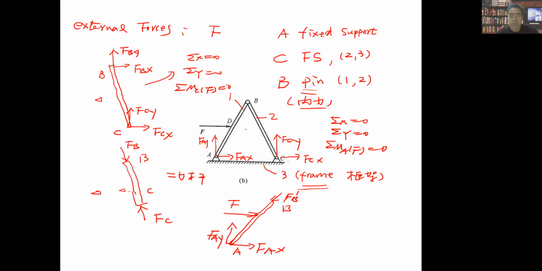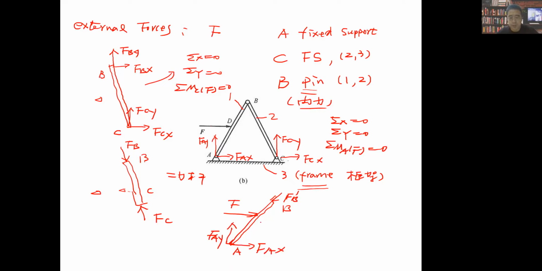It is constituted by several parts. So we can select the whole system as the object to be studied, or we can select one part to be studied, and each part will be in an equilibrium condition.